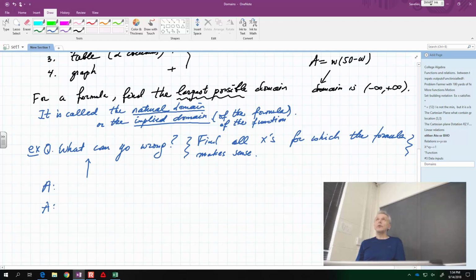Well, we'll go down the list of what you can do in algebra. There are 4 algebraic operations: addition. Can you take any 2 numbers and add them together? Yes. Can you subtract them? Can you multiply them? Can you divide them?